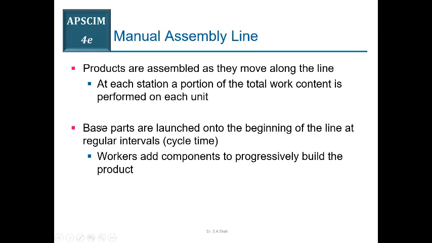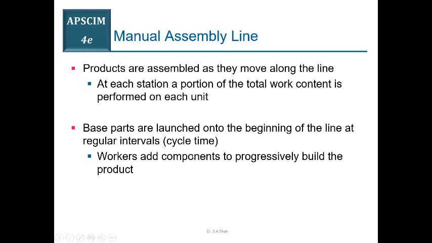And you will have a base component that will be launched onto the beginning of the line at regular intervals. और वो रेगुलर इंटरवल जो है वो आपका साइकिल टाइम.